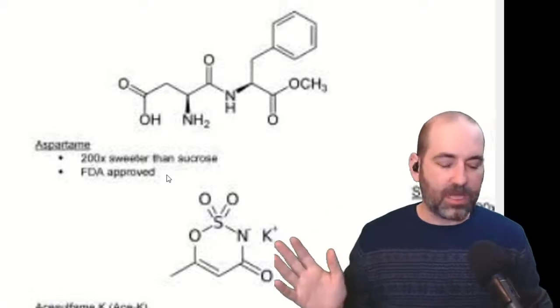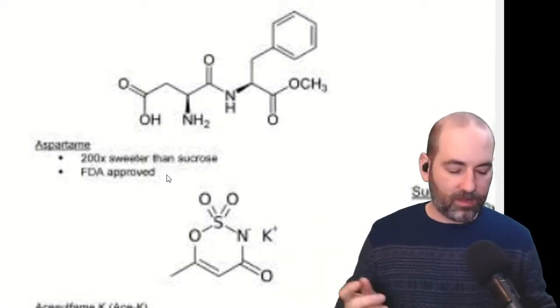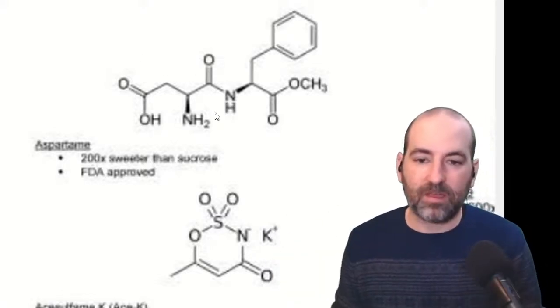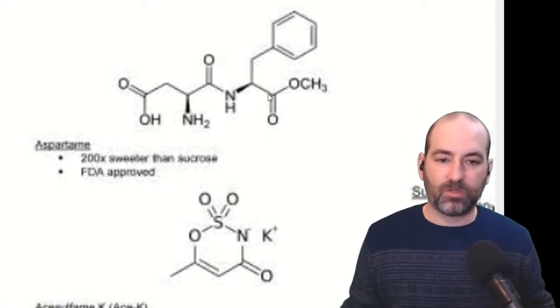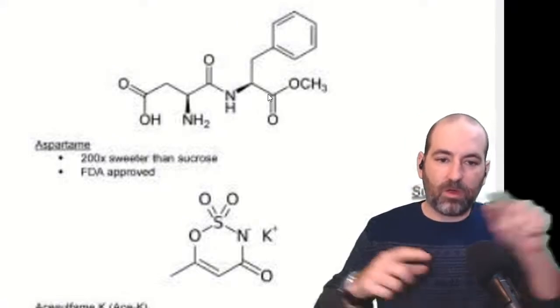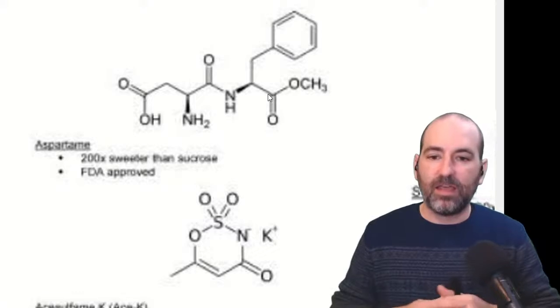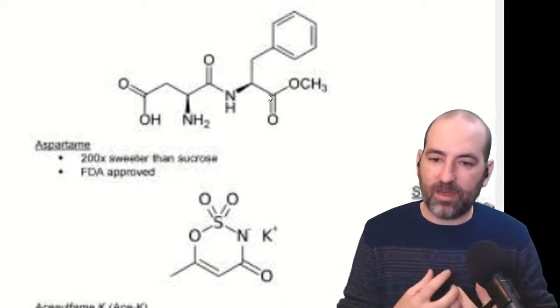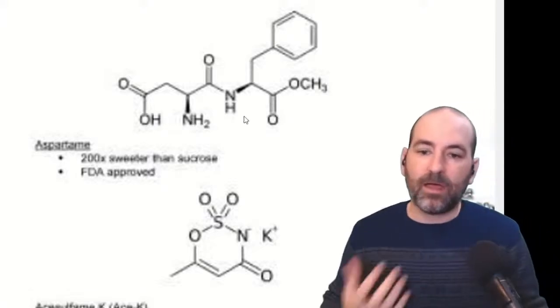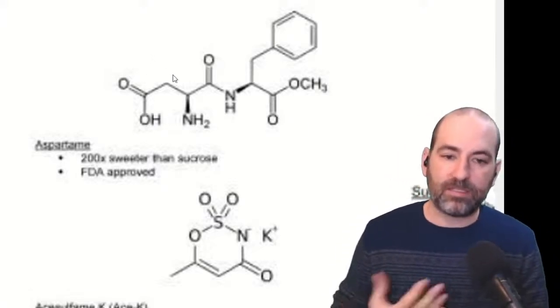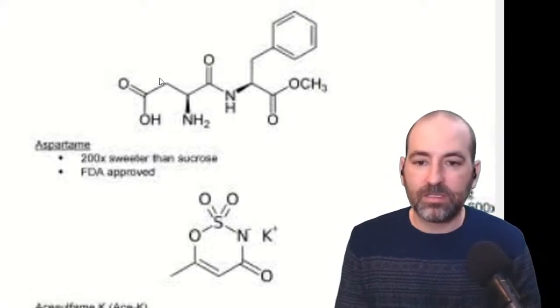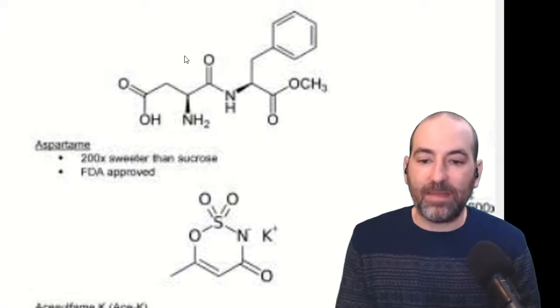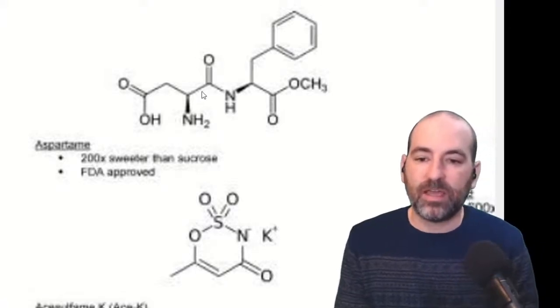Again, it's being taken over by sucralose now, but for a long time it was this. If you notice molecularly here, aspartame really doesn't have anything in common with the carbohydrate structures we just looked at. It doesn't have the ring with the OHs coming all around the sides. It's not multiple saccharides linked together through glycosidic bonds. Aspartame is actually amino acids. It's a dipeptide, two amino acids linked together.